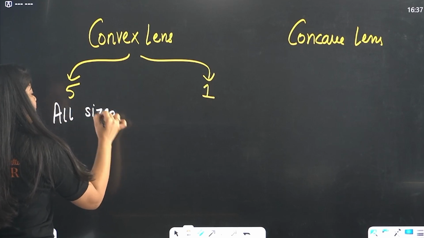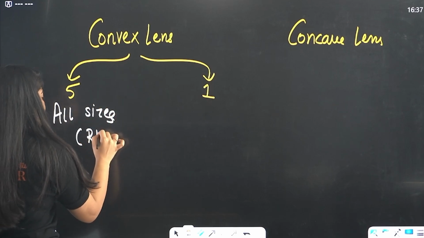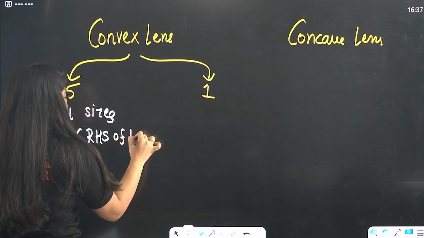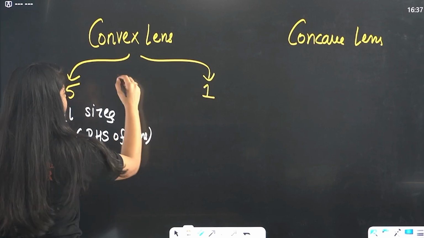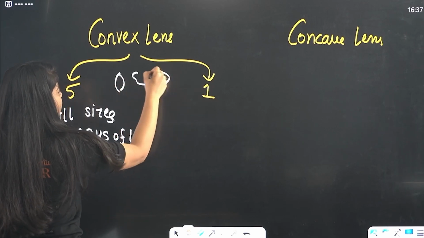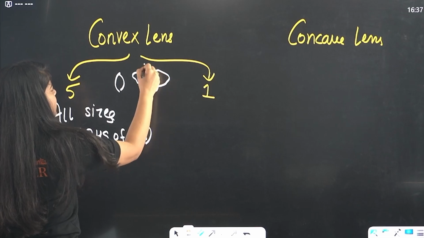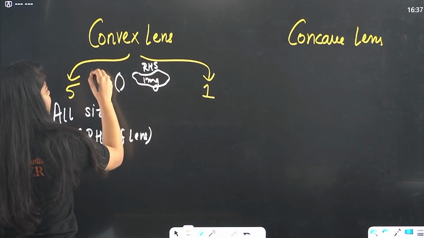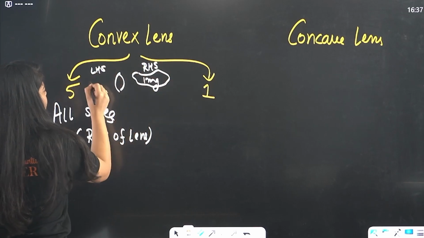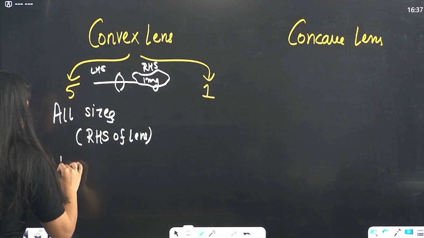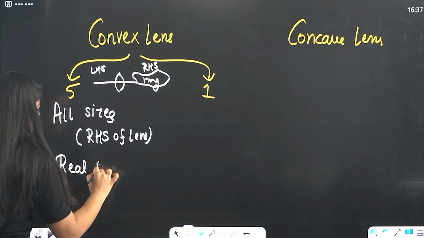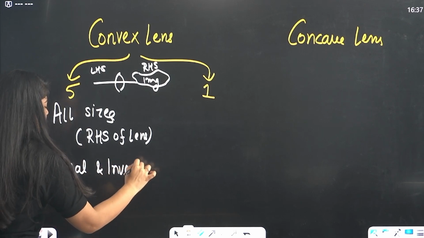The images were formed on the right hand side of the lens. This was the lens and all the images were formed here. This is the right hand side of the lens. This is the left hand side of the lens. And we have real and inverted images.